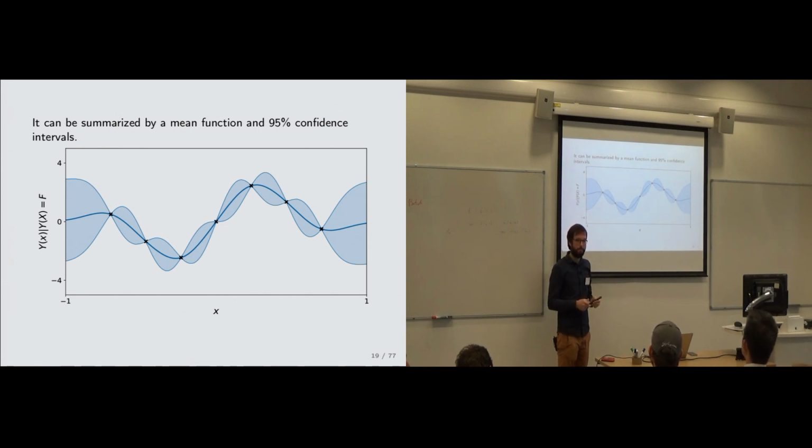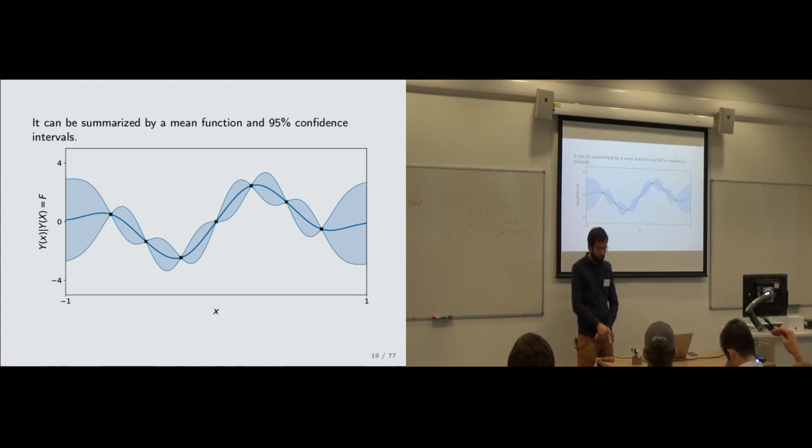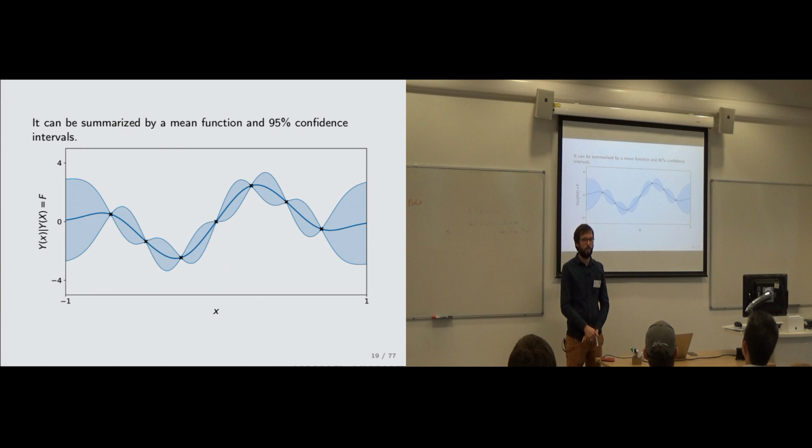I was asking about that because I find that to be a misleading visualization. Because not every function that falls within the shaded area is fair game. Yeah, this is everything according to your initial assumption that you have this prior that has this specific covariance, and then that gives you a posterior distribution given these specific values, right?